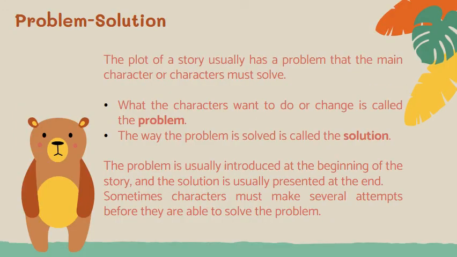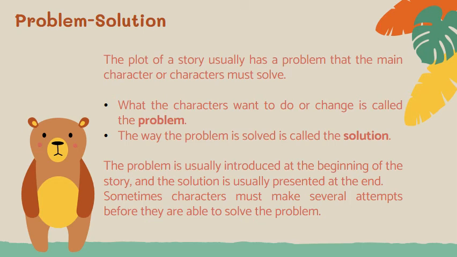Problem solution. Now we move to our skill. This time it is problem solution, when we face a problem in a story and we have to find the solution to this problem. The plot of a story usually has a problem that the main character or characters must solve. As here in our story, Whitewater Adventure, the family faced a certain problem and they had to solve it. The thing that the characters want to do or change is called the problem.